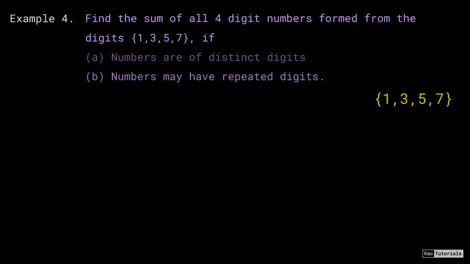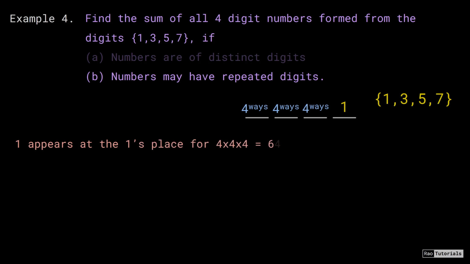In the next bit, the numbers that we form can have repeated digits. So now if we fix a digit, say 1 at the units place, then the remaining blanks can be filled in 4 ways each. So the number of numbers that have 1 at the units place is 64. Same applies for other digits 3, 5 and 7.